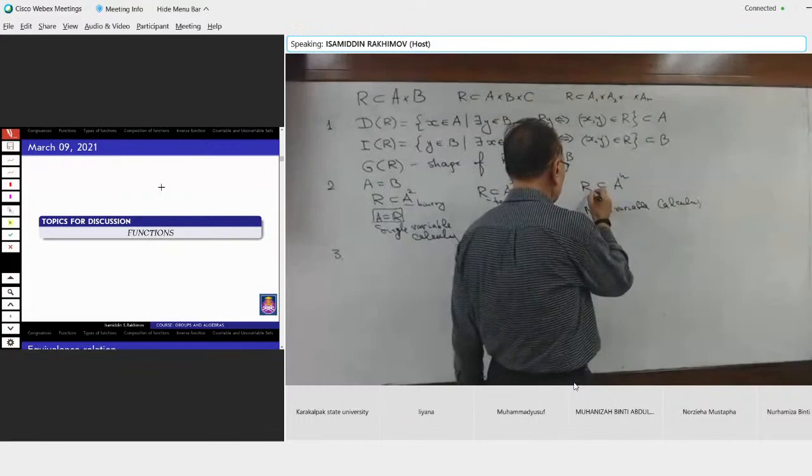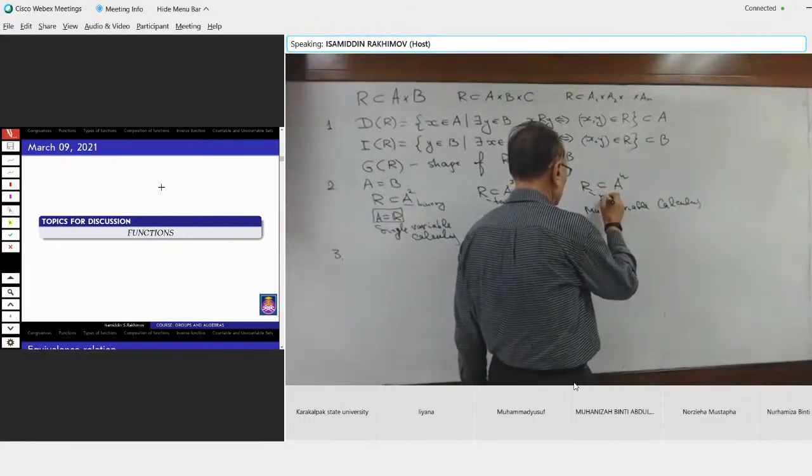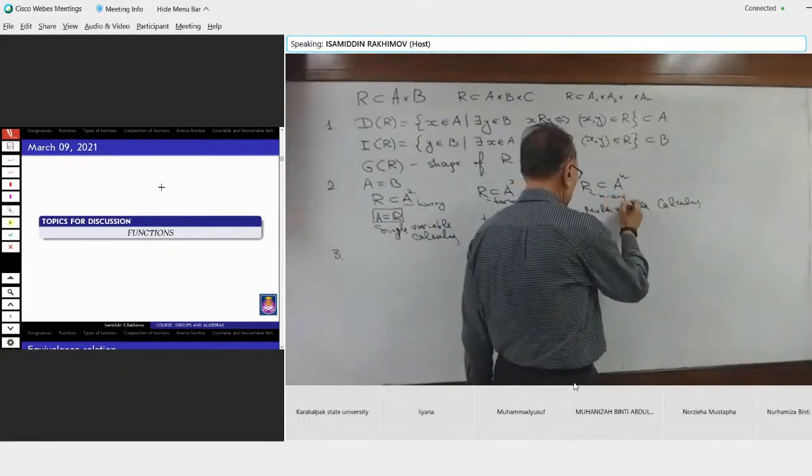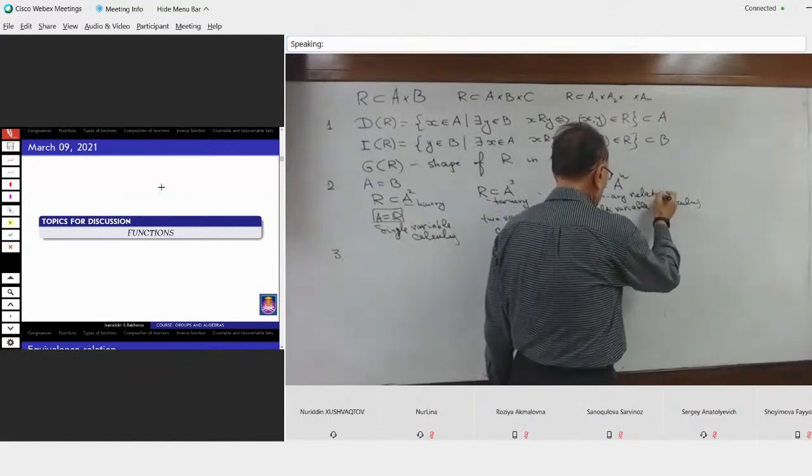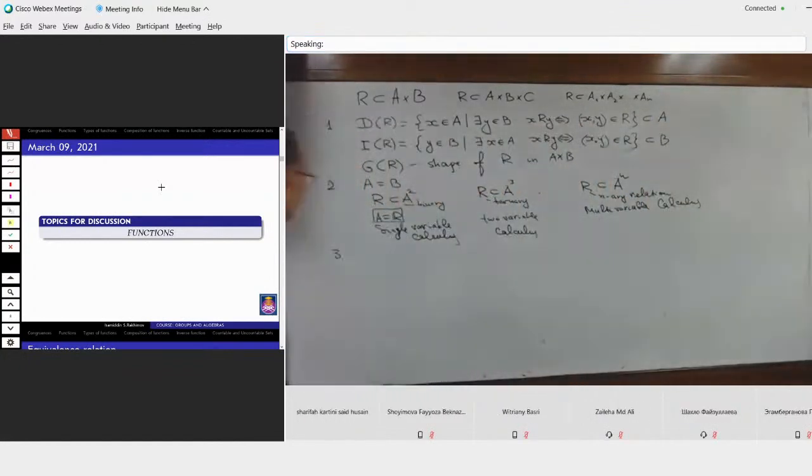In this case, you have an n-ary relation. So now I will focus only on the binary relation case. So R is a binary relation on set A.